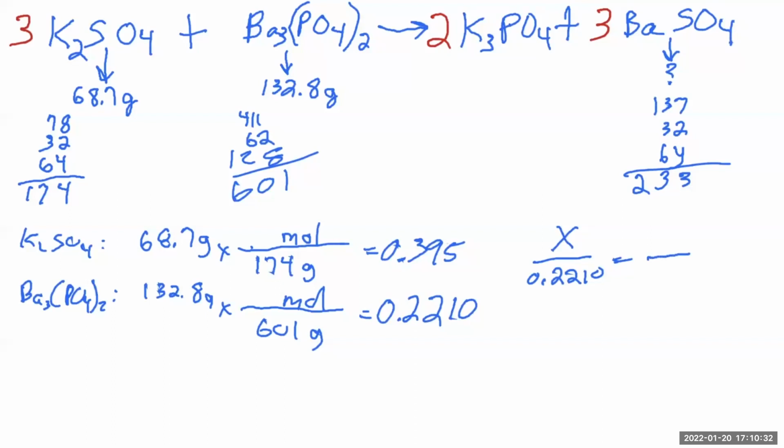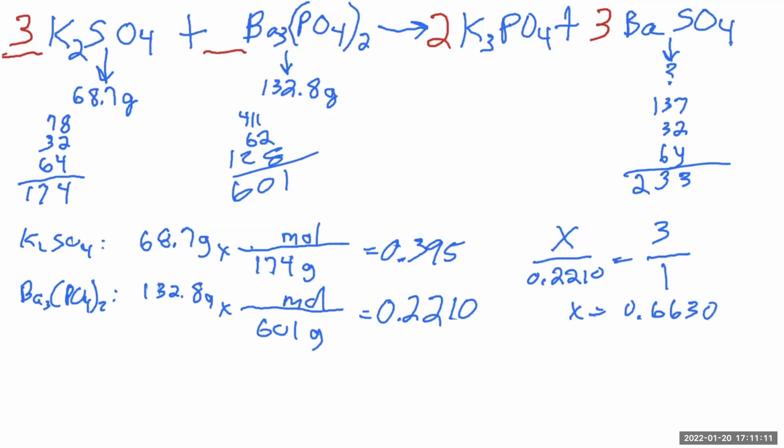Potassium sulfate goes on top, and barium phosphate is 1, because we're using these numbers right here. It's a 3-to-1 ratio. So X equals 3 times 0.2210, which is 0.6630.